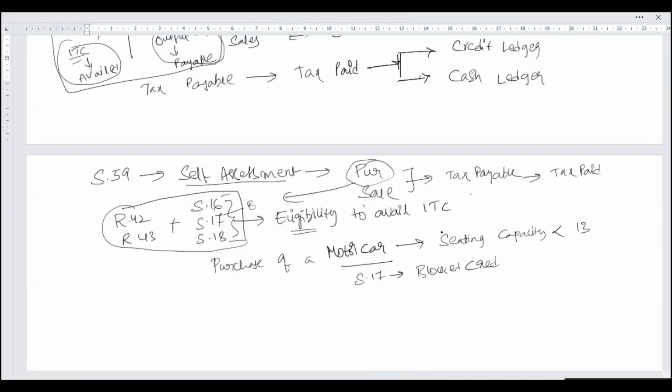As per Section 17, I'm not supposed to claim input tax credit in relation to a motor car, subject to a few conditions. Now, there is a company called XYZ Limited. This XYZ Limited has purchased this car for the purpose of the director and HOD of, say, production and quality.